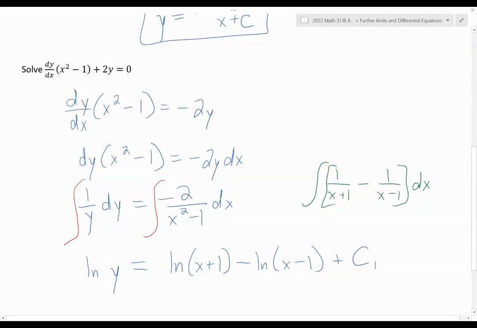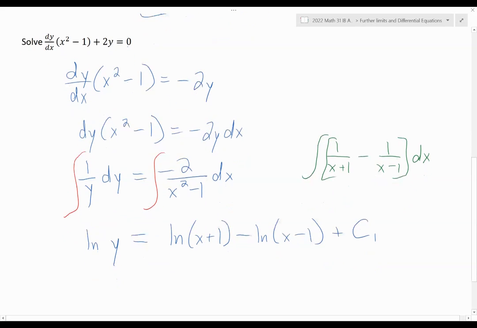Now, I am going to call it C1 because as we manipulate, I'm going to simplify some things that are just constants. And actually, what I'm going to do, I'm going to call this the natural log of C, because natural log of a constant is just another constant. So that's just a form that's going to allow me to simplify the right-hand side a little nicer.